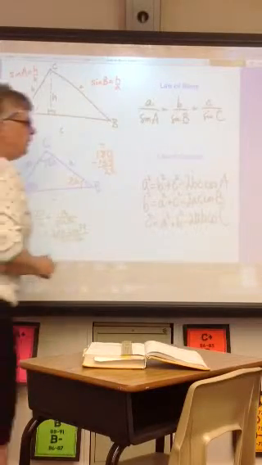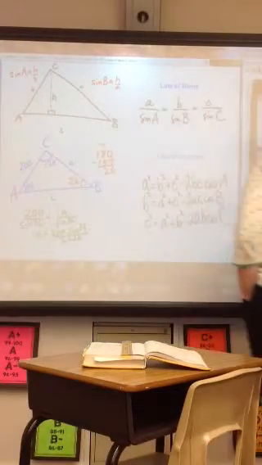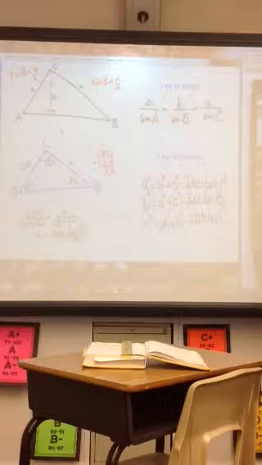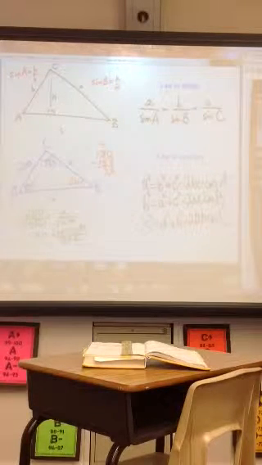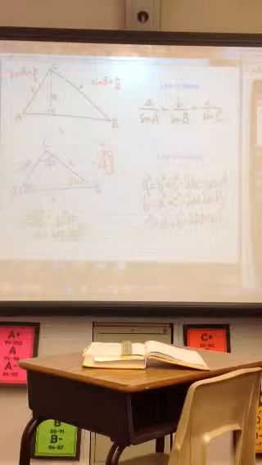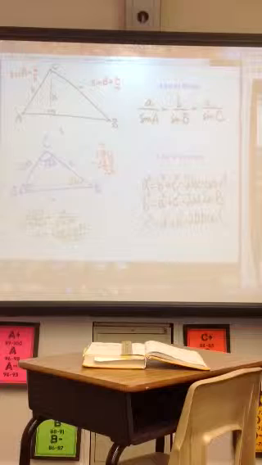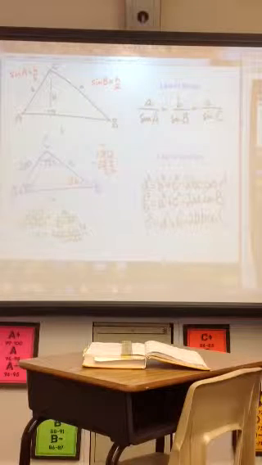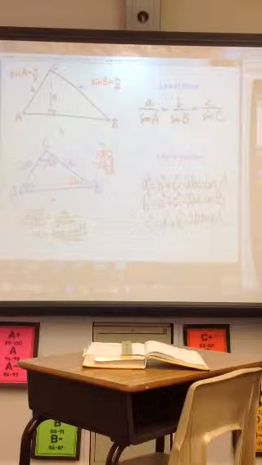Now, when you put it in your graphing calculator, a couple of things you need to check the mode, make sure it's set on degree. And then watch your parentheses. And make sure you have them closed on the angles, otherwise it'll give you something wild.